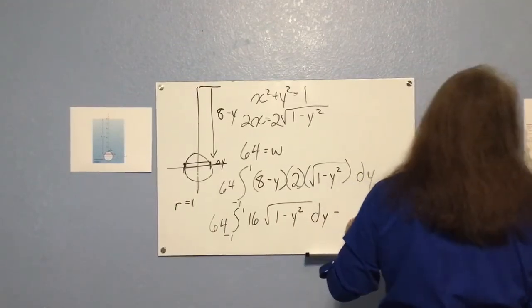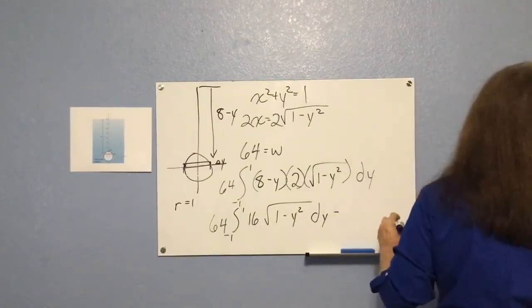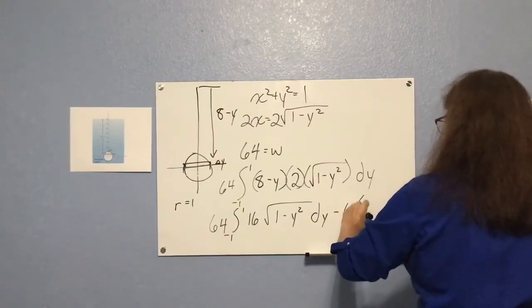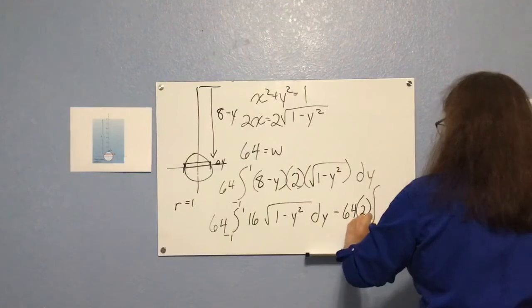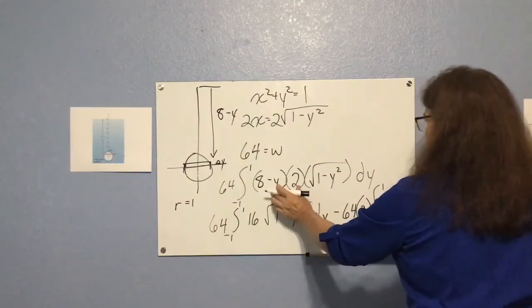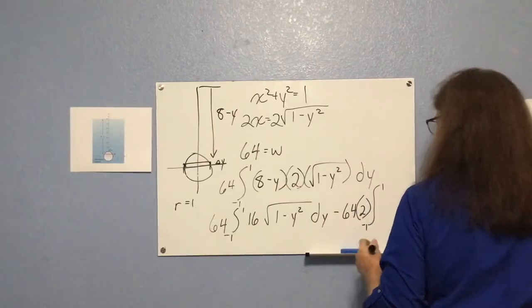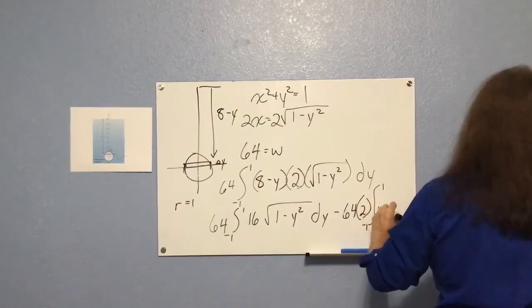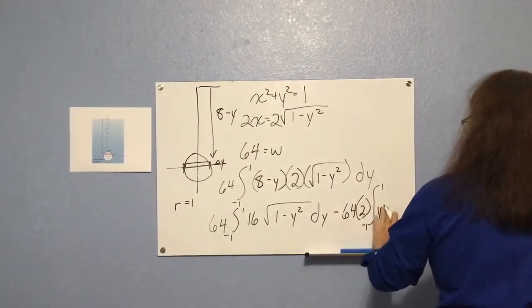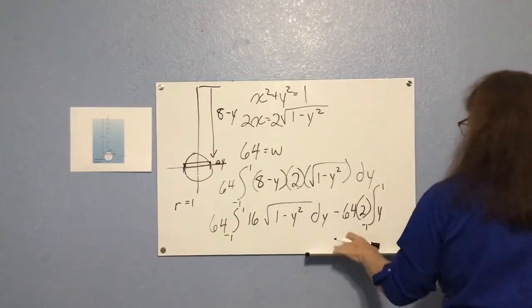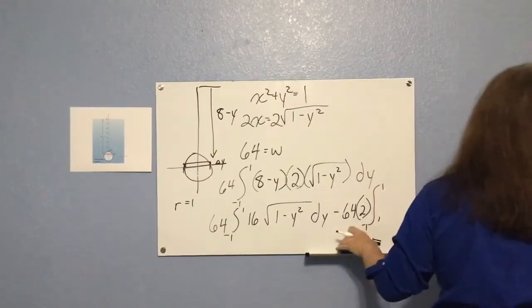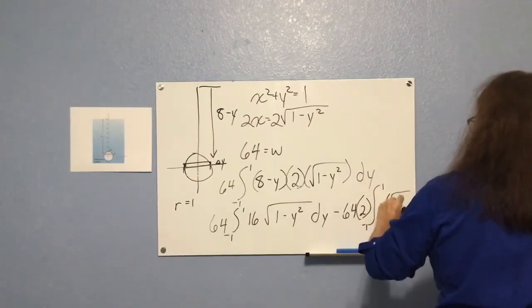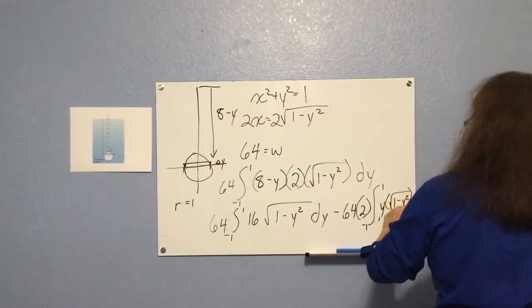Minus 64 times 2, that's the 2y there. We just took the 2 out. Y minus y times the square root of 1 minus y squared dy.